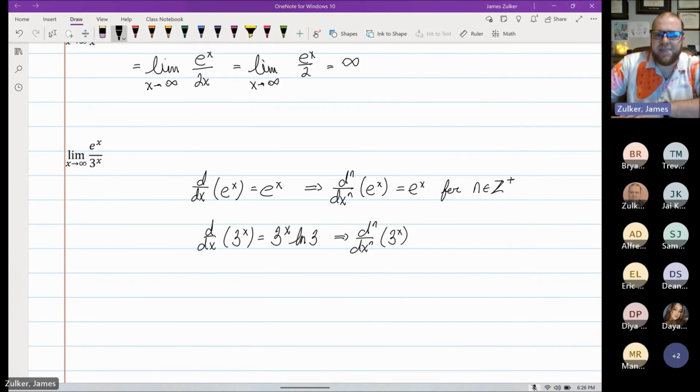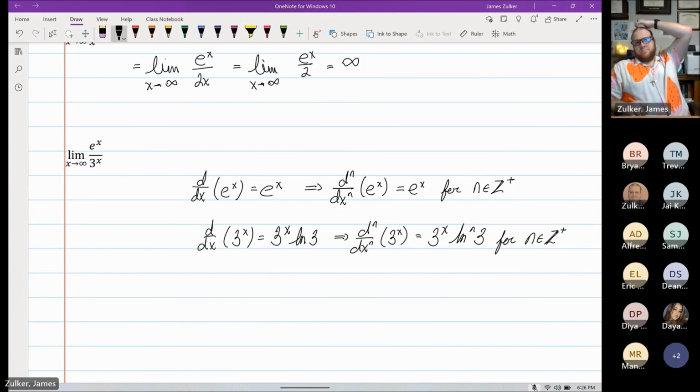So if we take the nth derivative, three to the x log of 3 all raised to the nth power.